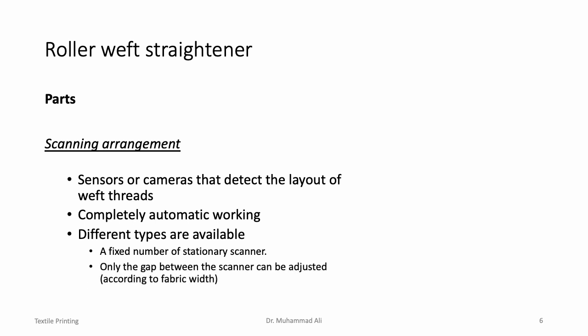In this case, only the gap between the scanners can be adjusted. So for instance, if a narrow width fabric is being run through a weft straightener, the scanners can be moved close to each other. But if on the same weft straightener, a wider width fabric is being run, then the gap between the scanners can be increased by the operator.